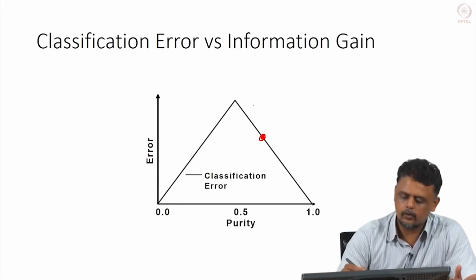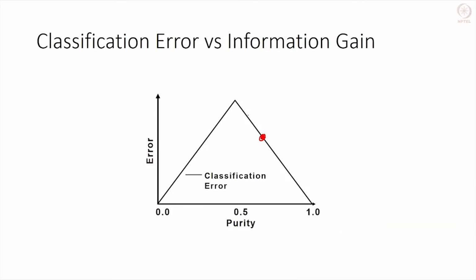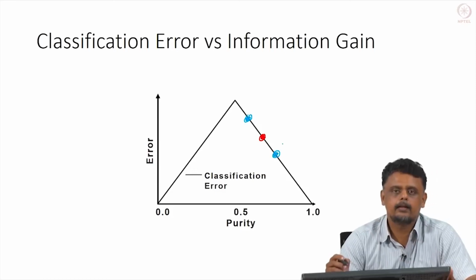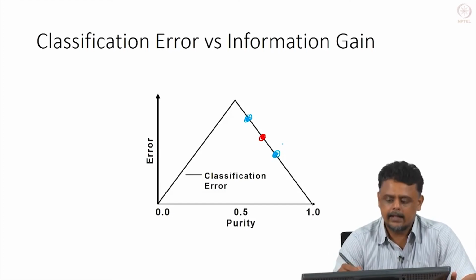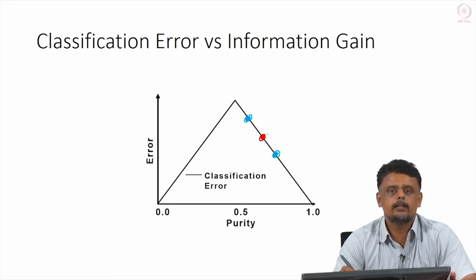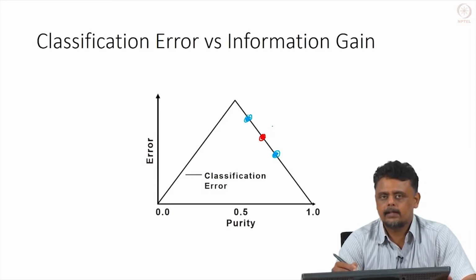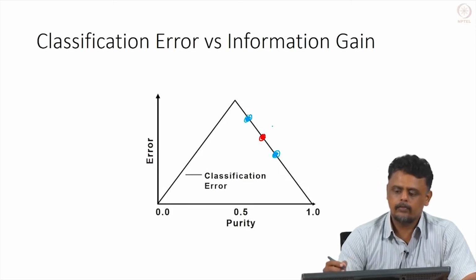Let us say the child nodes ended up having error there and there. This is a possibility. Now we see that the weighted average can end up coinciding with the entropy of the parent node, which means that there will be no change and the tree will not be able to grow any further.